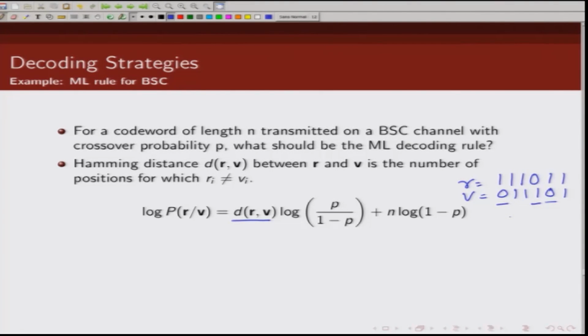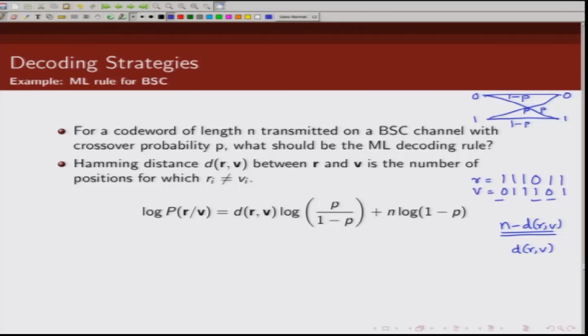So, the number of positions that got flipped as a result of sending this code word over the binary symmetric channel is denoted by d(R,V), and the remaining number of bits which did not get changed is n minus d(R,V). So, these many bits did not get changed and these many bits got flipped.